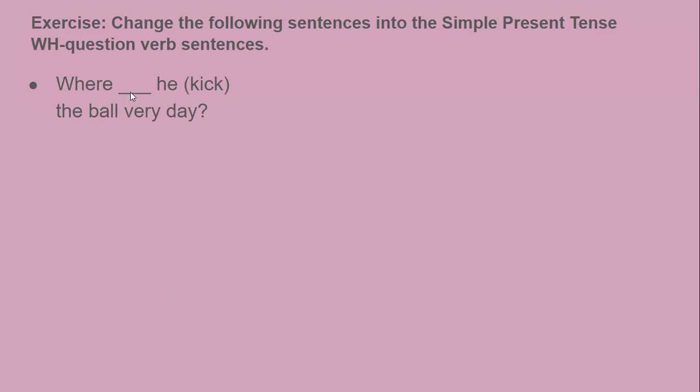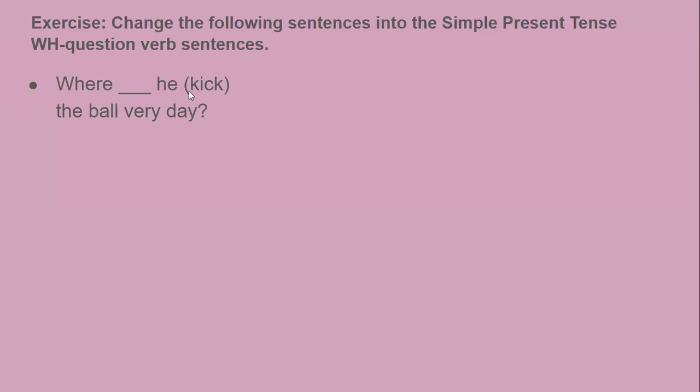Where, he, kick the ball every day? So it's supposed to say every day, right? So there is a mistake here, not "very day," but every day. Okay. So we have a WH question here, which is where, asking for a place.